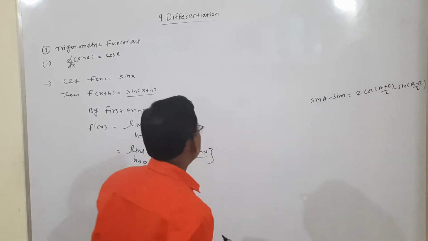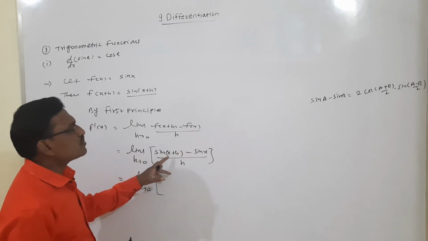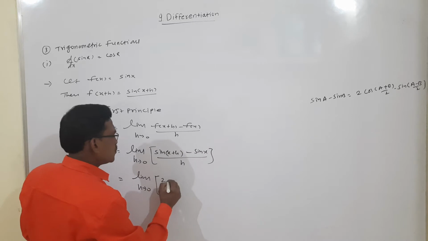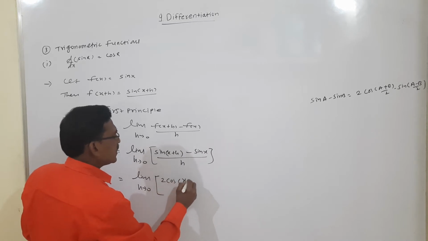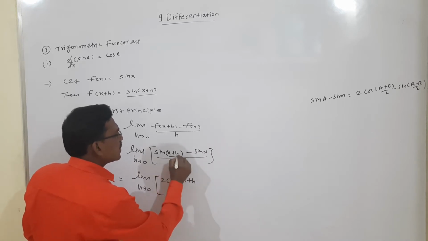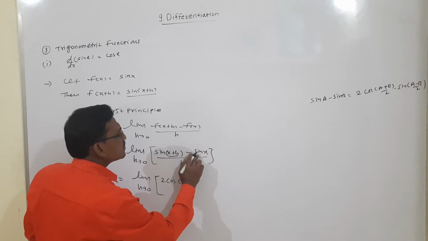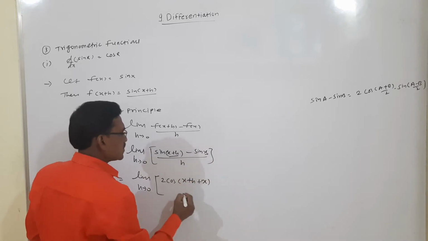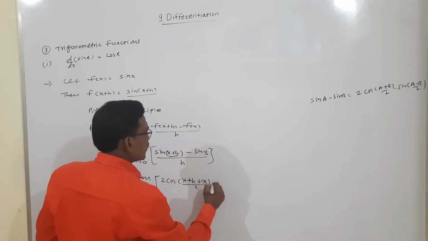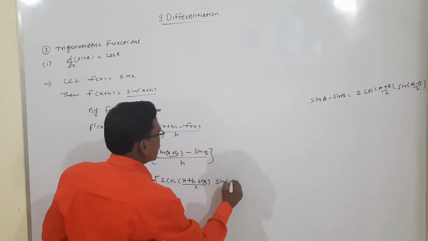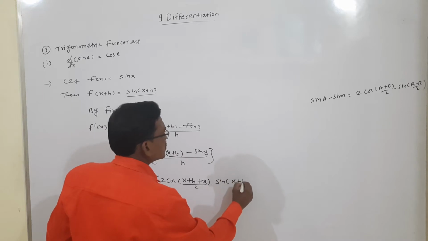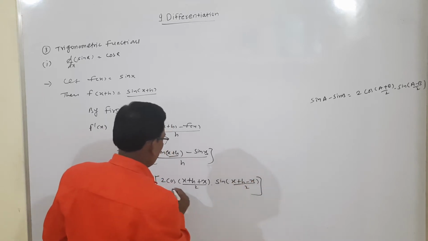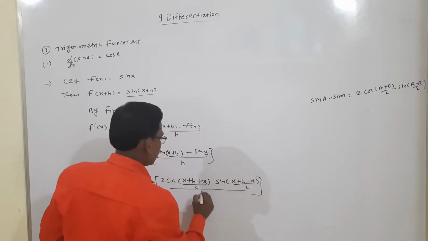We use this, where a means x plus h and b means x. So it gives 2 cos of (x plus h plus x) by 2 into sine of (x plus h minus x) by 2, and the whole divided by h.